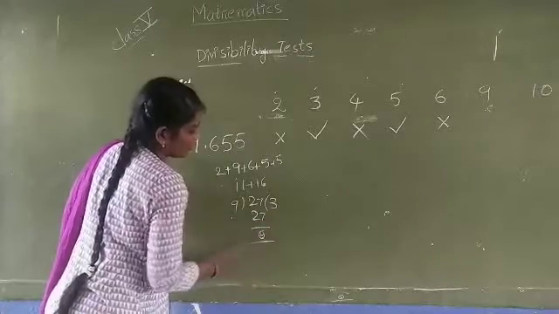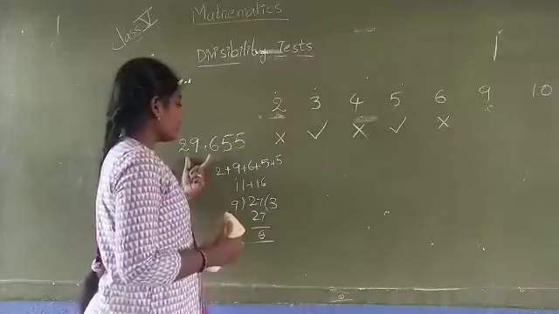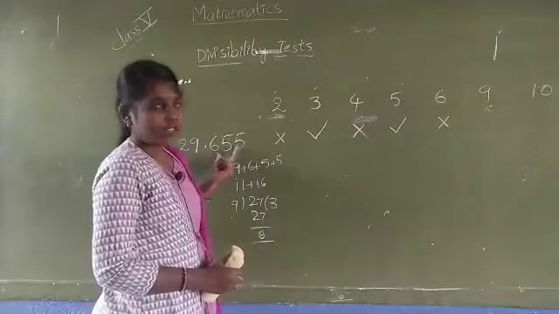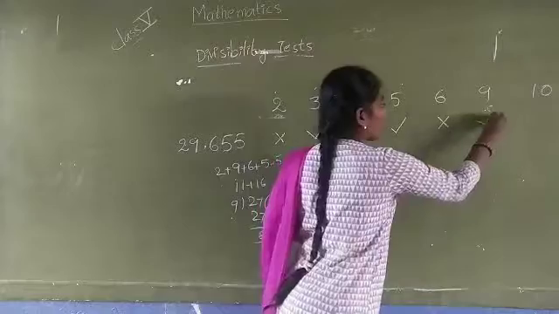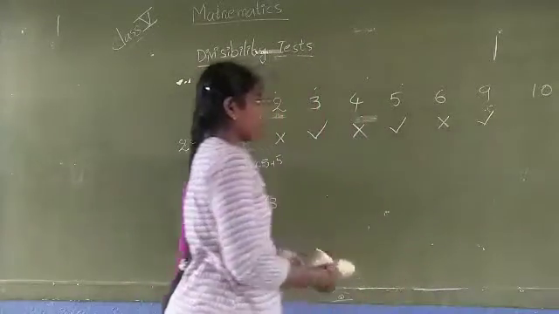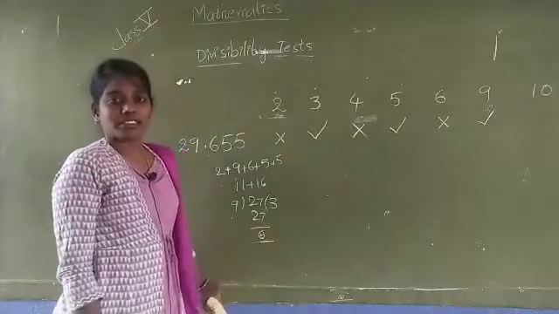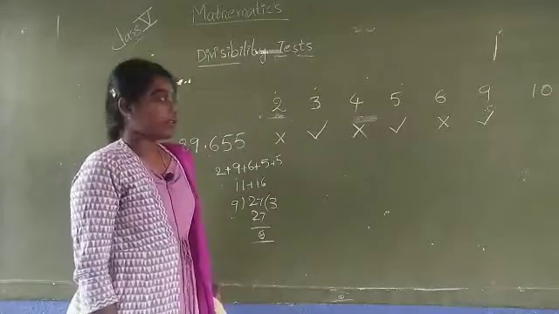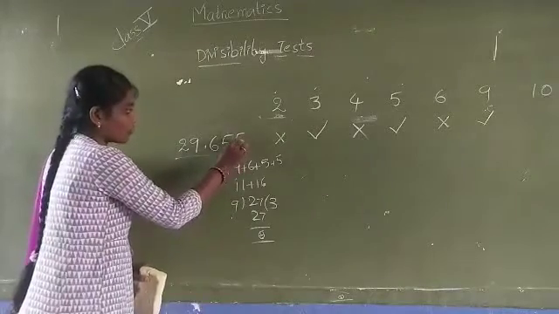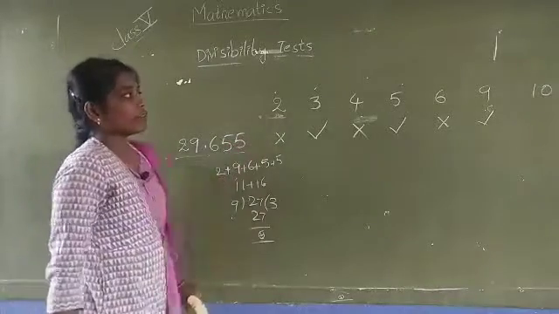The remainder is 0. The sum of its digits is divisible by 9, so this number is also divisible by 9. Next, divisibility by 10. If a number ends with 0, then only that number is divisible by 10. But this number ends with 5. So, this is not divisible by 10.